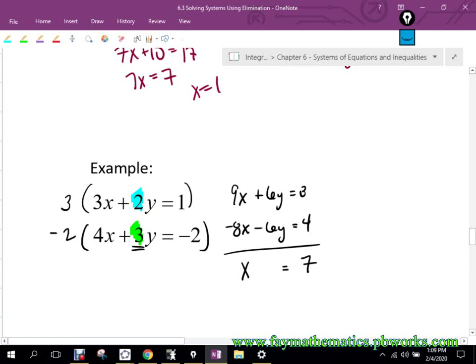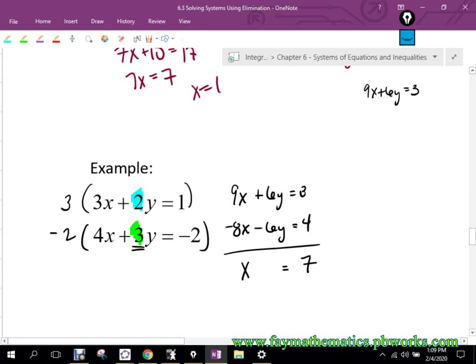Okay, so you're thinking, if I would have left it as 3x plus 2y equals 1, let's write it as 9x plus 6y equals 3.